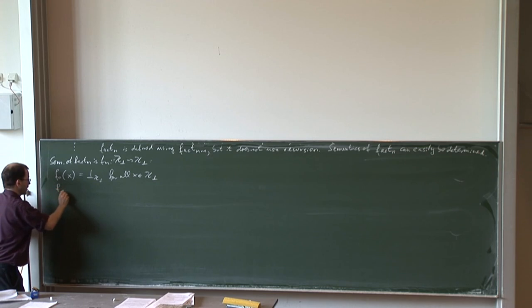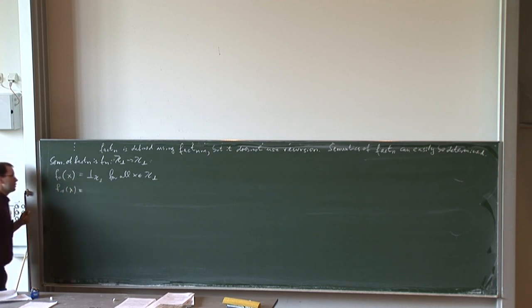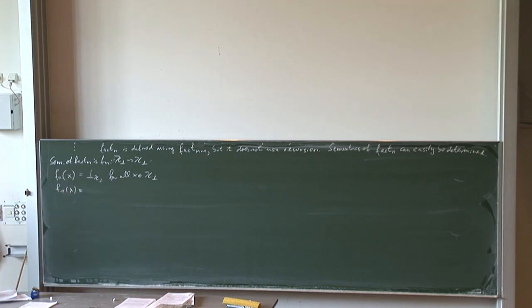Now, what is the semantics of fact1? Now, fact1, we proceed as we did it for conf. We look at the right-hand side. Now, the right-hand side only contains things where we know the semantics of. It contains if and less than or equal, and it contains fact0, but we know the semantics of fact0.